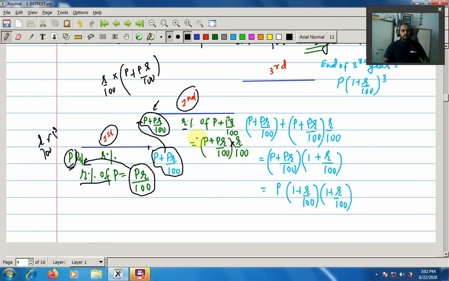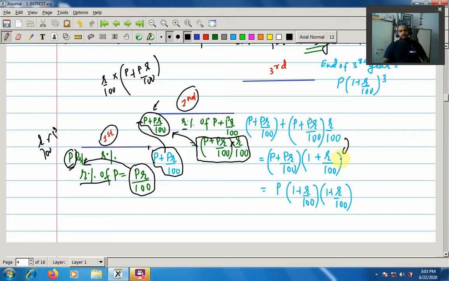Now what is this? This is my interest money for second year. What I have to do, I have to add this to my original money. So here I have written P plus PR upon 100 plus the interest amount.